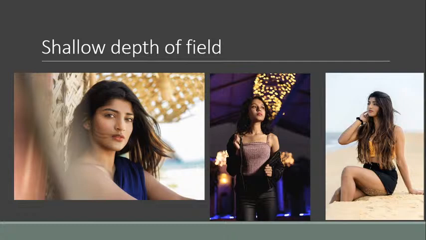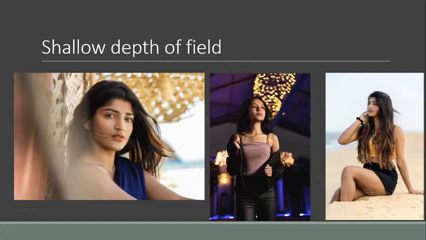One is that if you have an object in the foreground, such as in the leftmost picture here, the foreground one could be blurred, and if the foreground is blurred, it will give a path, and the main focus will go on the model itself and not anywhere else.